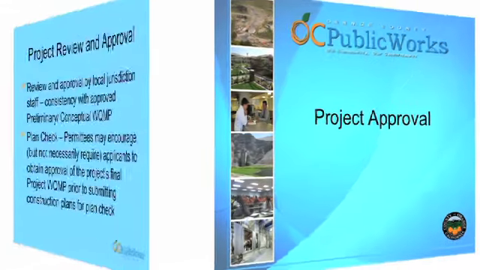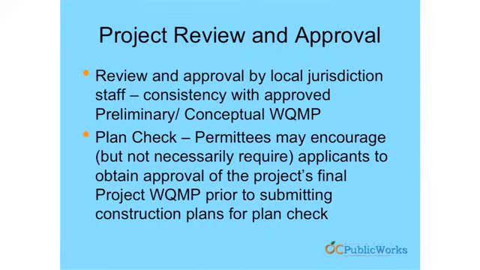And so for project approval, everybody's going to do this a little bit differently, but the key thing is that the grading plans that you approve, and that other departments may have authority to approve, need to reflect what's shown on the WQMP. And the WQMP needs to reflect what's shown on the drainage plans. So this is a synchronization effort.